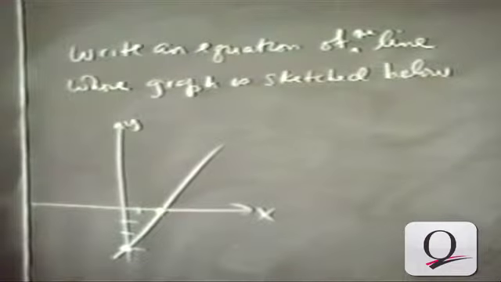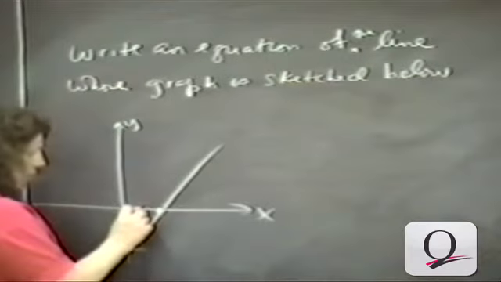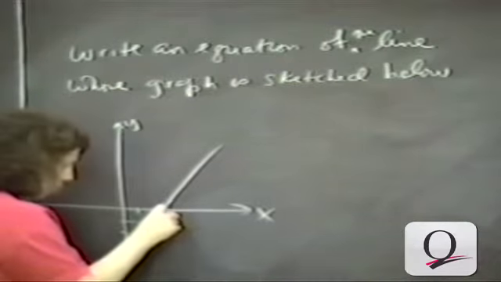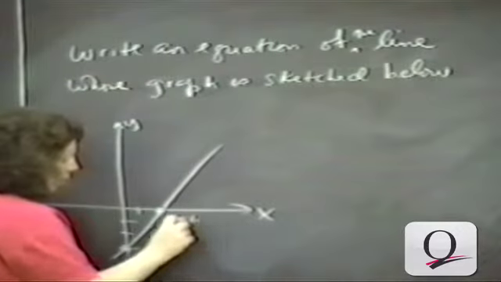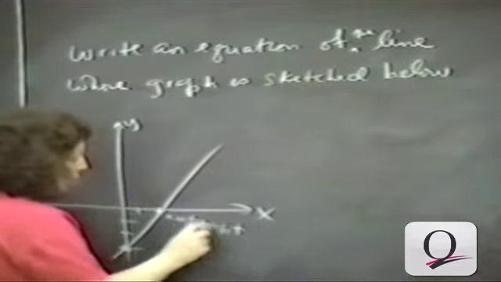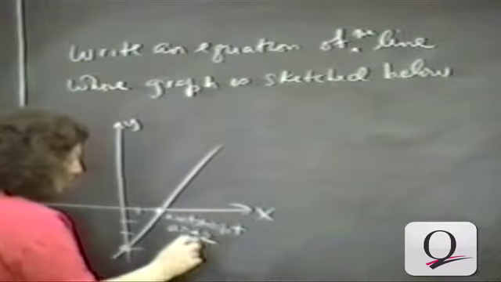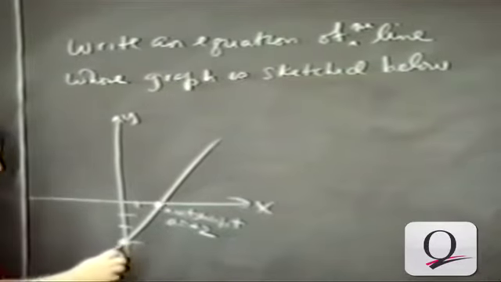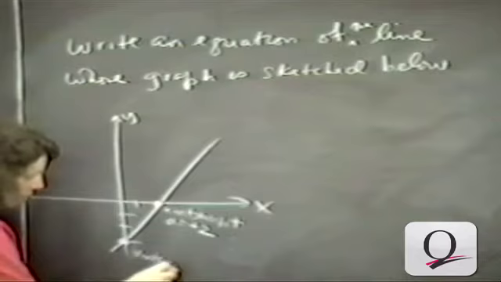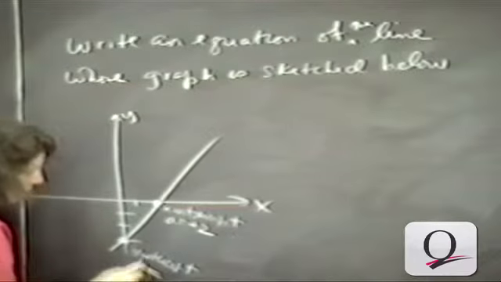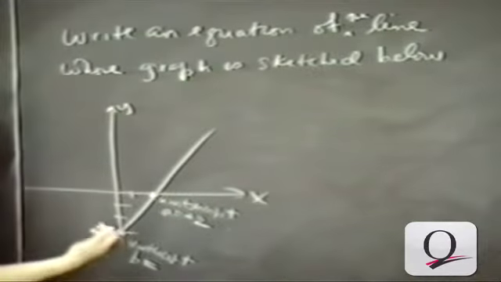It is up to you to realize that the x-intercept, or A, is plus 2. And the y-intercept in this problem, or B, is minus 3, because it's below the x-axis.